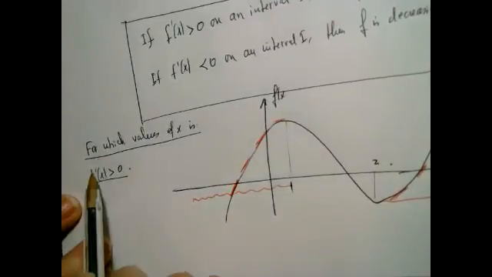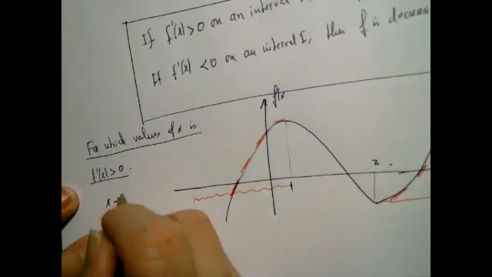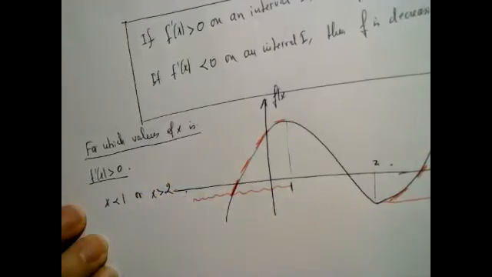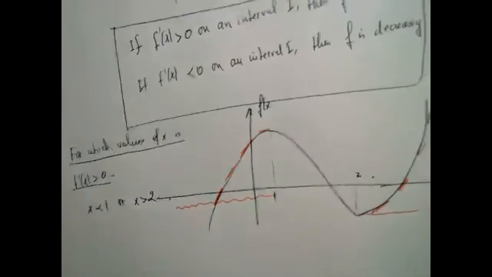So for which value of x is f prime positive? Basically when f is increasing. So for x less than 1 or x greater than 2. Or as your classmate put it on chat, from minus infinity to 1 or from 2 to plus infinity.